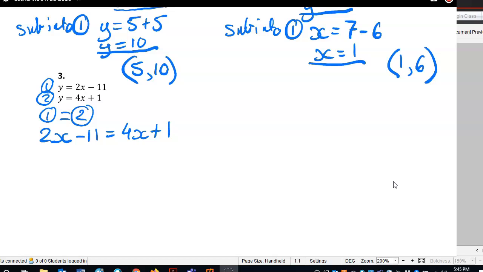Okay, so I might subtract 2x from both sides, equals 2x plus 1. Then subtract 1 from both sides, so that's minus 12 equals 2x, so that's negative 6 equal to x.